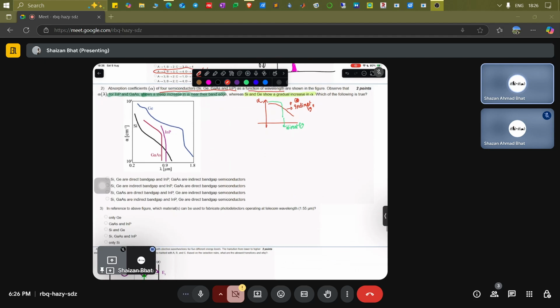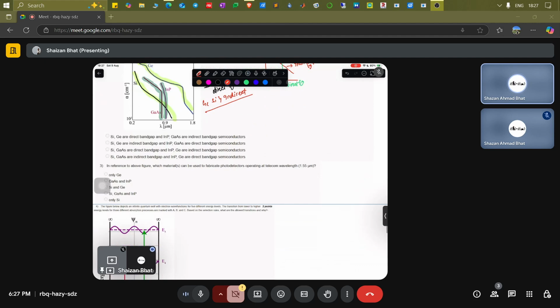You can see that for silicon and germanium, it's a gradual reduction in the band edge, while for, say, indium phosphide, it's a sharp drop in the absorption edge. That means indium phosphide and gallium arsenide are direct band gap semiconductors, and germanium and silicon are indirect band gap semiconductors.